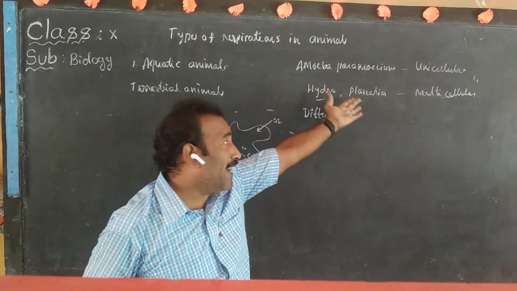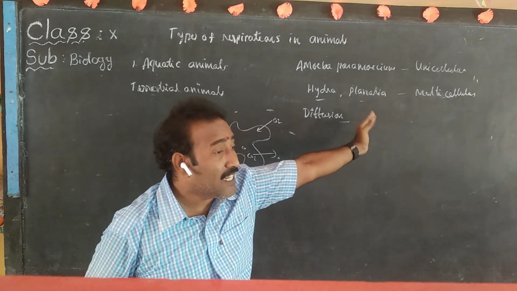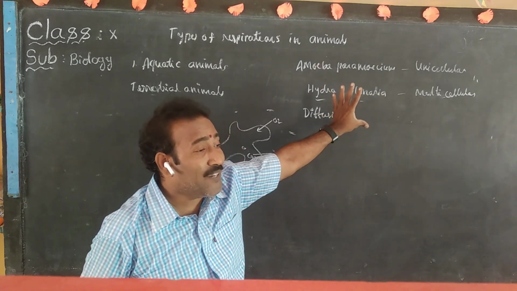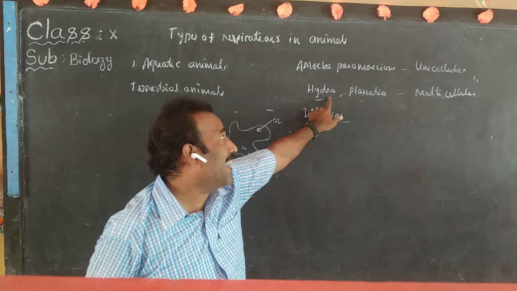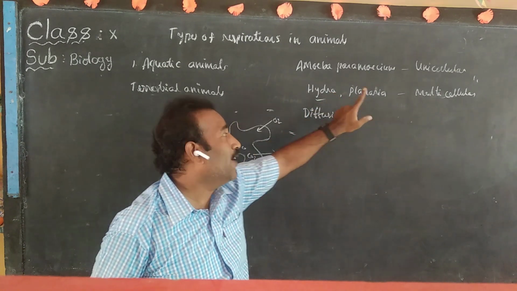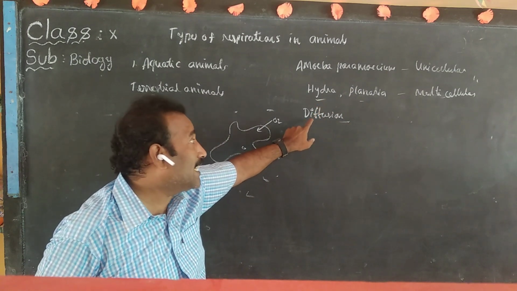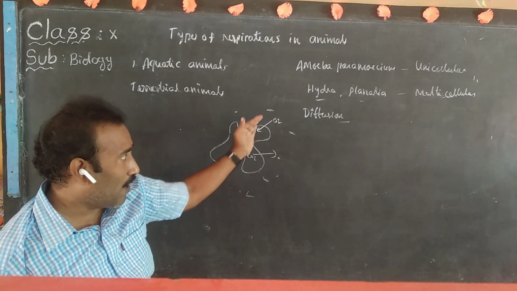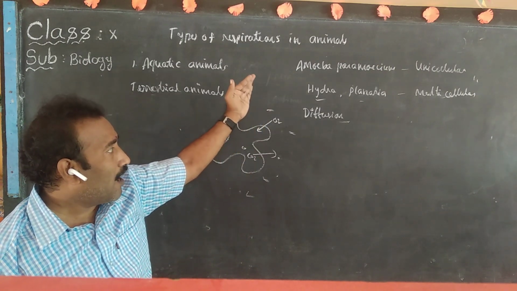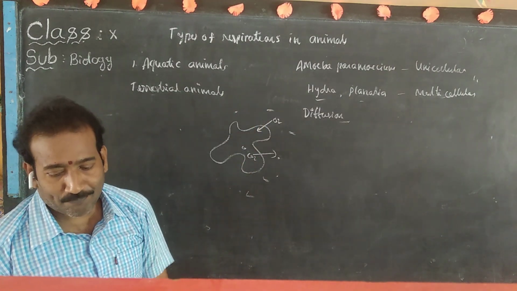Even Hydra and Planaria are multicellular animals, but they have a simple body. That's why in these animals also, respiration is by the process called diffusion, the movement of molecules or ions from higher to lower concentration.